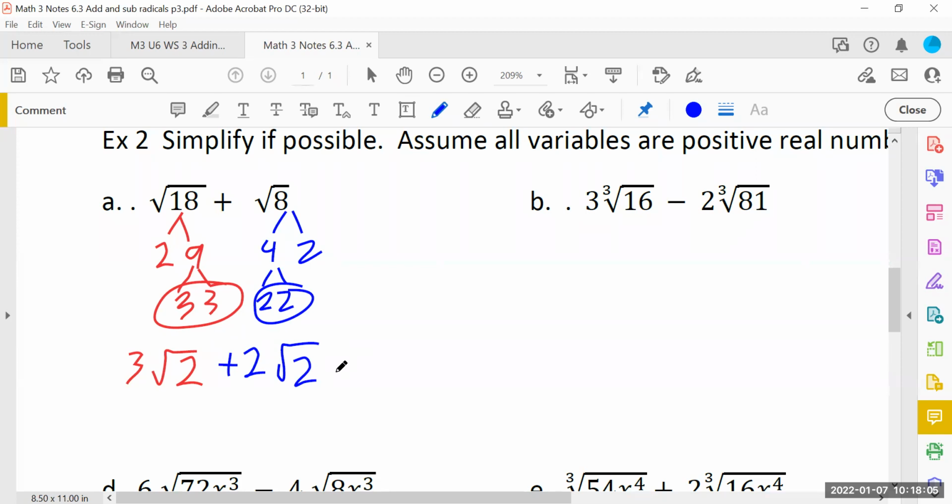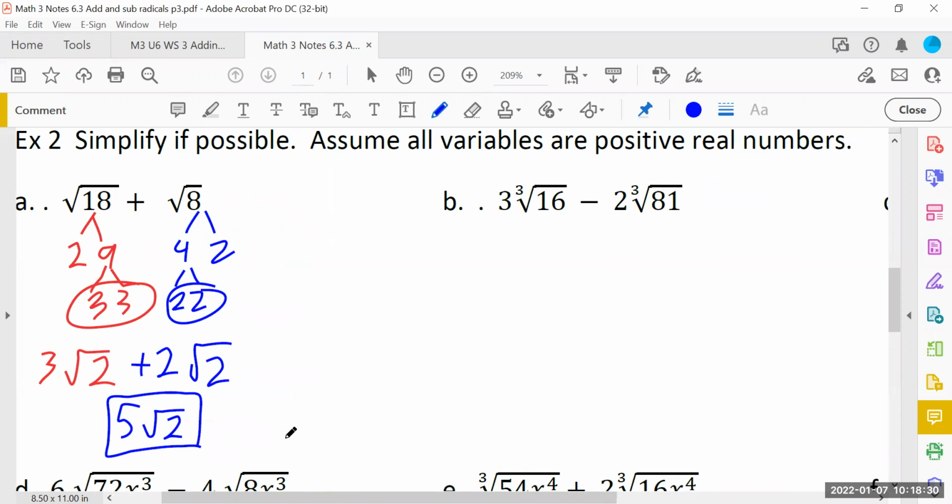I have 3 root 2s and 2 root 2s. 3 root 2 plus 2 root 2 gets us 5 root 2. So again, you can't decide whether you can combine them or not until they're reduced. If they reduce to the same thing, then you can add or subtract. If they don't, you can't.